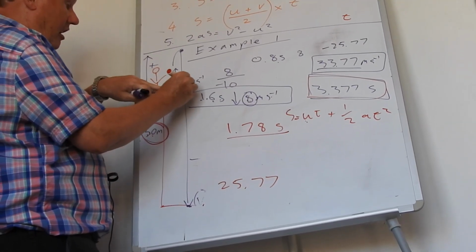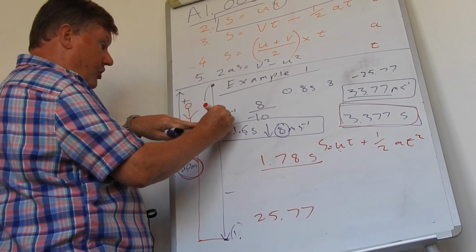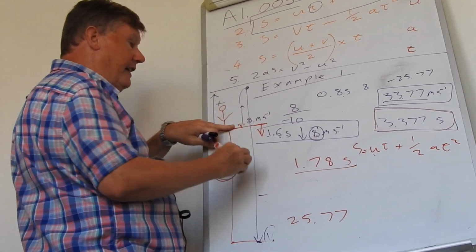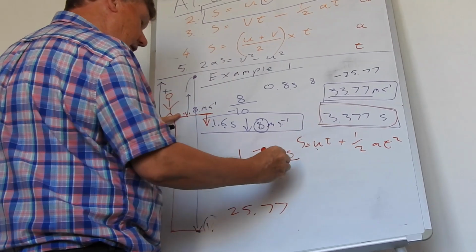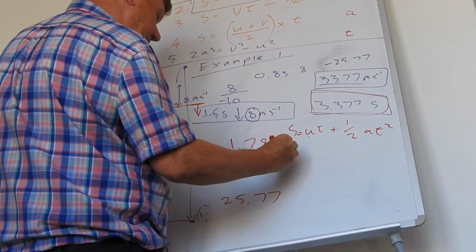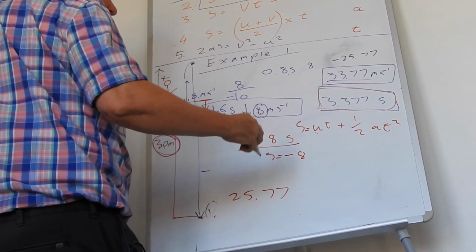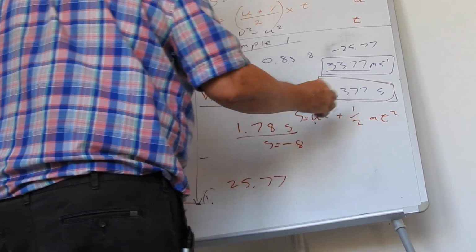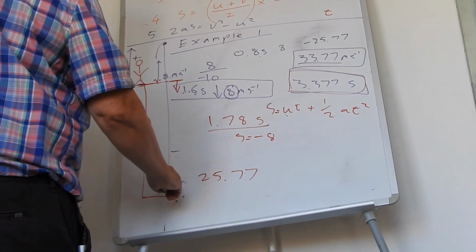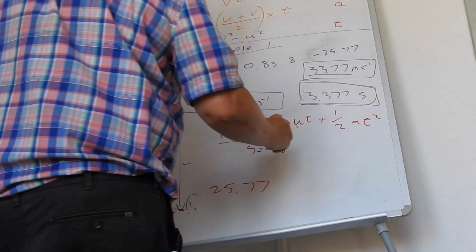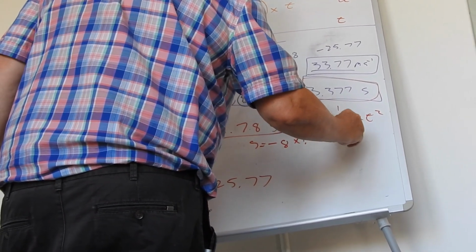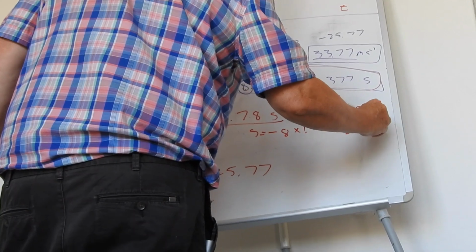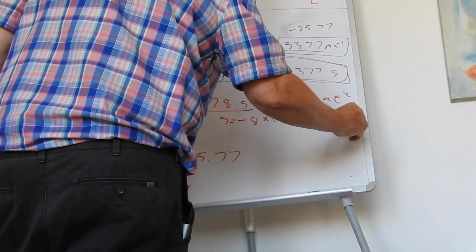We can start from that position with U being going down at 8. So S equals minus 8 times T. So T here is the time to go from there to there, which is 1.78. 1.78 plus a half times minus 10 times 1.78 squared.